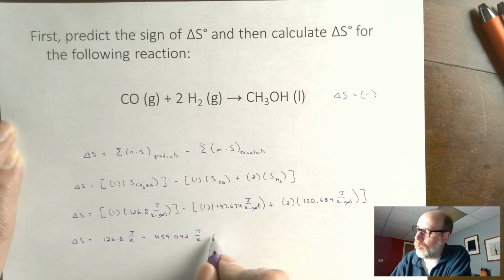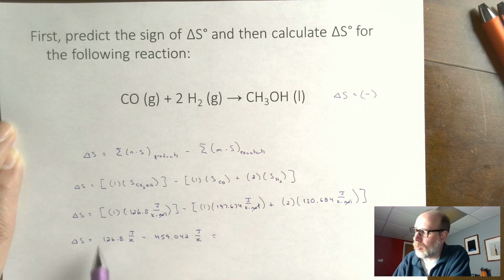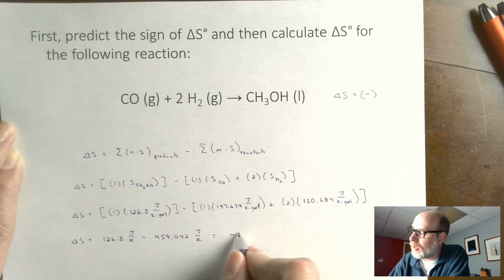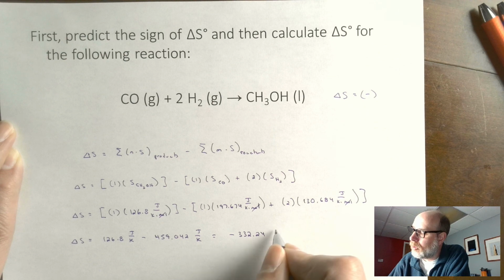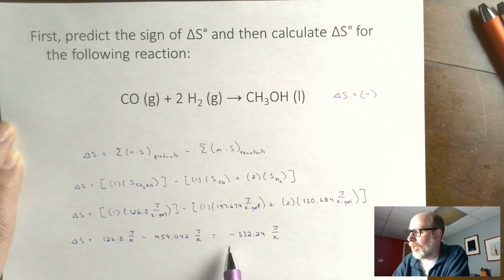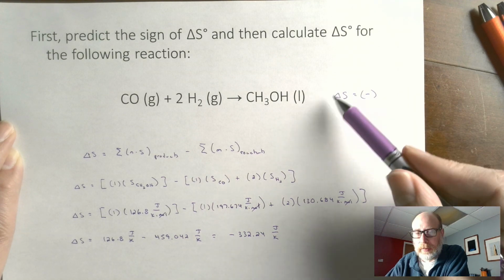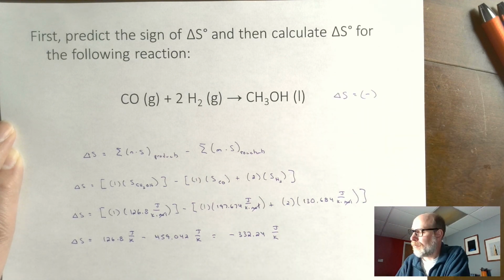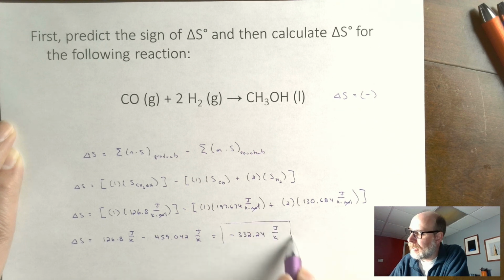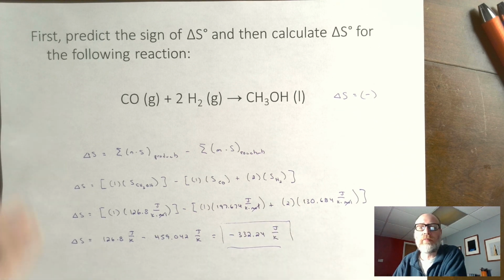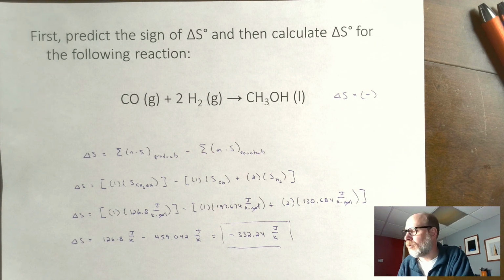And when you calculate that, you get minus 332.24 joule per Kelvin. All right, the sign is negative. We predicted the sign of the entropy change to be negative. And so that gives us at least some confidence to say that we've probably done something correctly as we were going through and working on this problem.